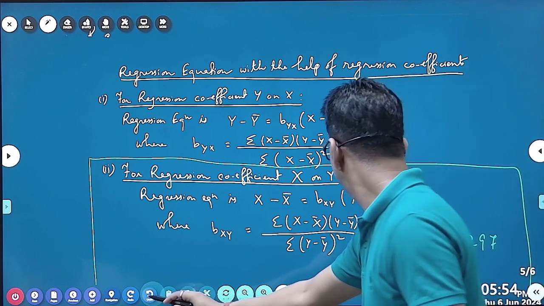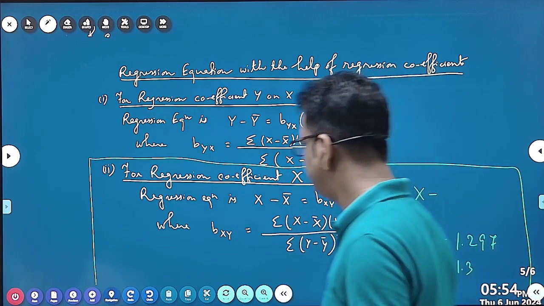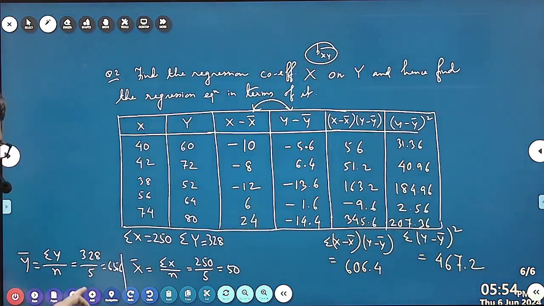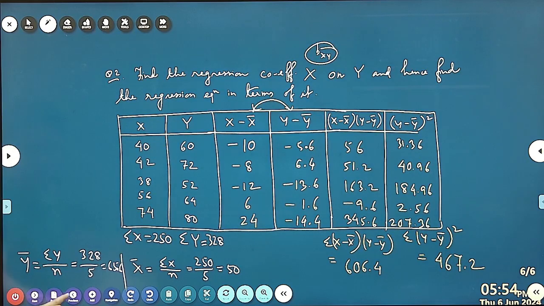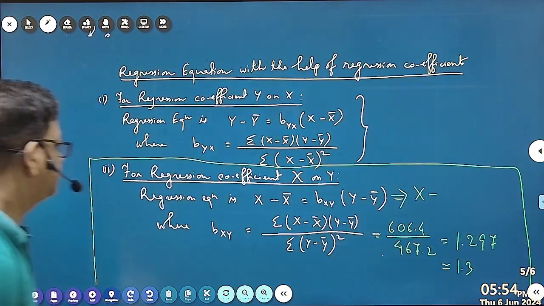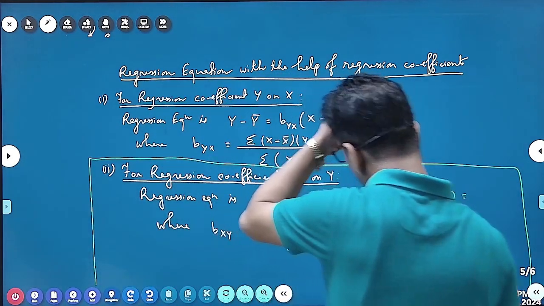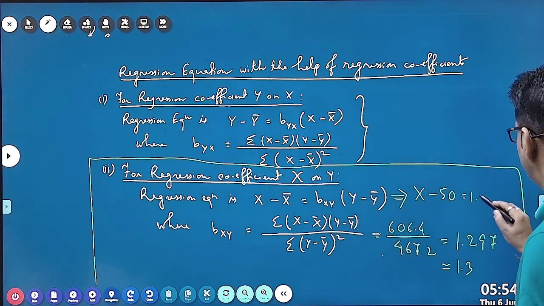So, if you put it here, x is x only. X bar is 50, y bar is 65.6. So, x minus 50, minus b of xy, that means the regression coefficient x on y, which you got just now, 1.3.